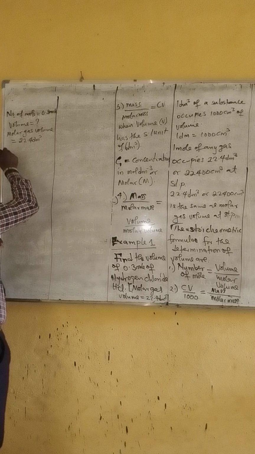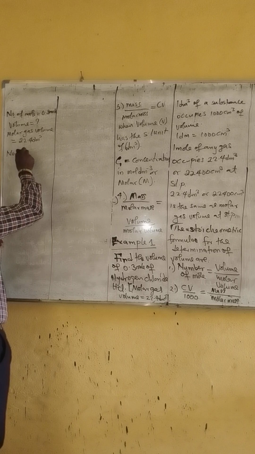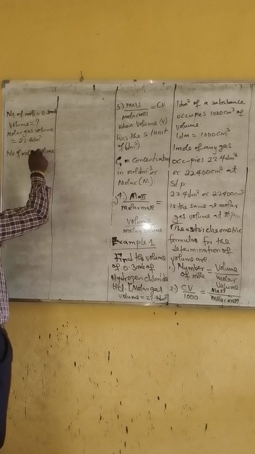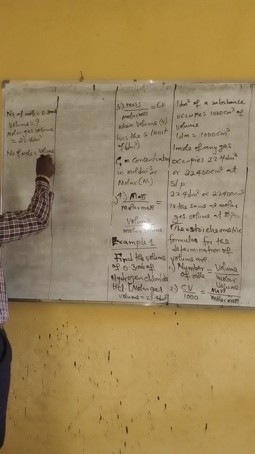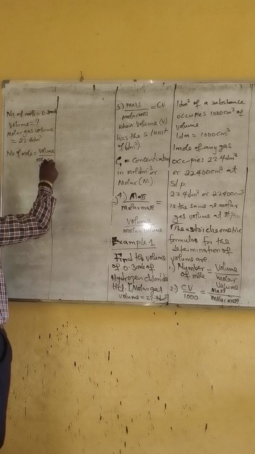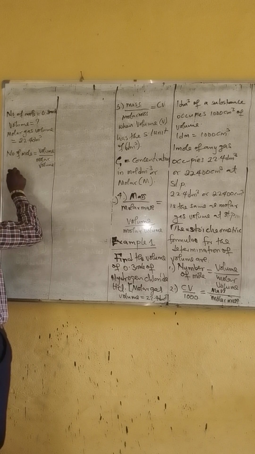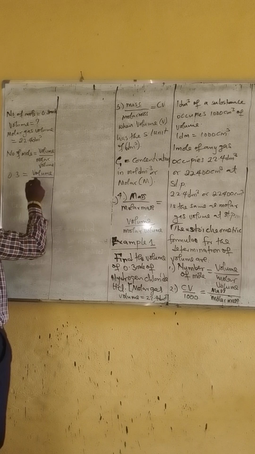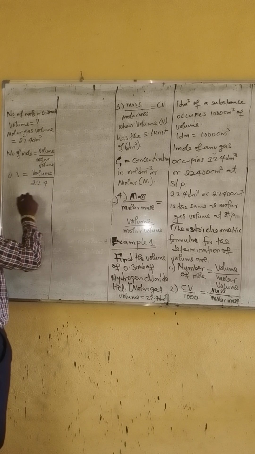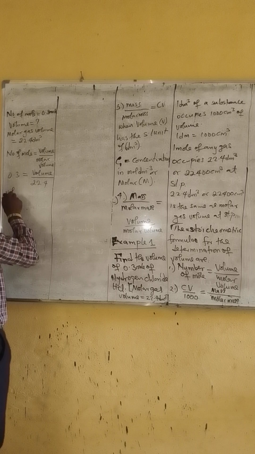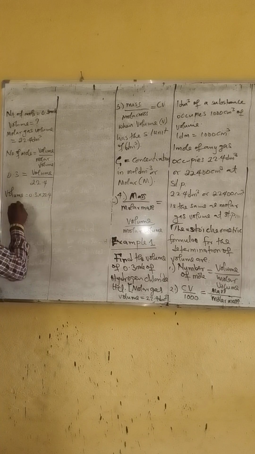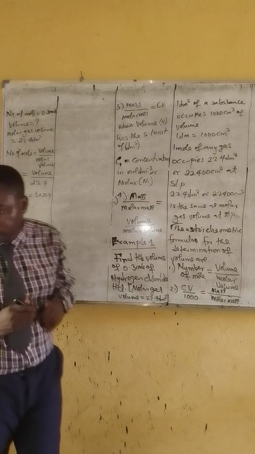Then use your formula now. Number of mole equals volume that you are looking for over molar volume. So number of mole is already 0.3. Molar volume is 22.4. We cross multiply, so our volume will be 0.3 times 22.4 dm3.